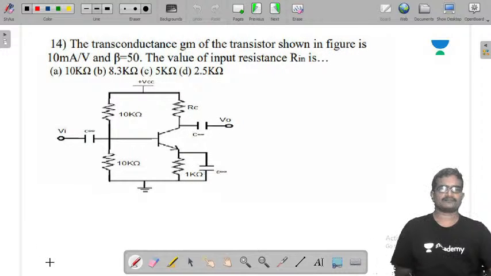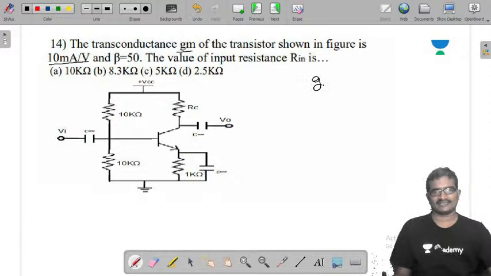Now, say this, the transconductance GM of the transistor shown in below figure is 10 milliamps per volt. Transconductance they given, sir, 10 milliamps per volt, and beta is 50.